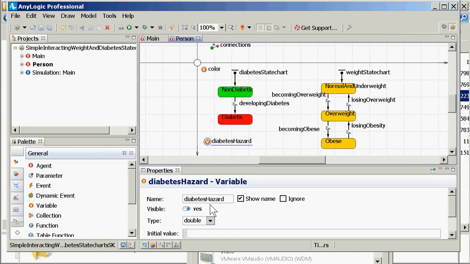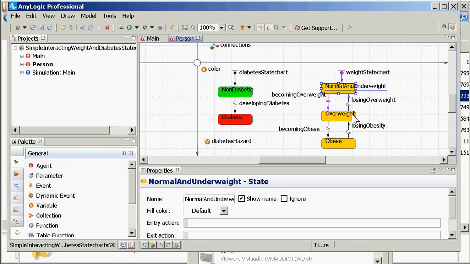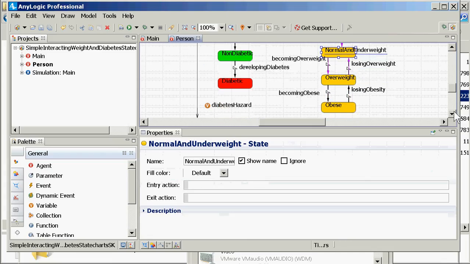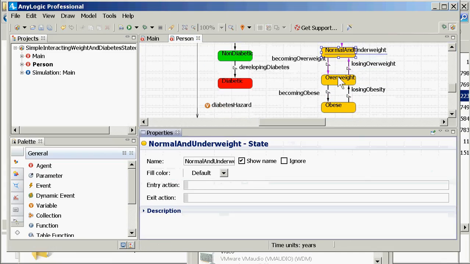And we're going to set it over here in these different weight states. Just like we set the color variable, we're going to set their diabetes hazard rate, the chance per year that they're going to develop diabetes, depending on the state that they're in in this weight state chart.